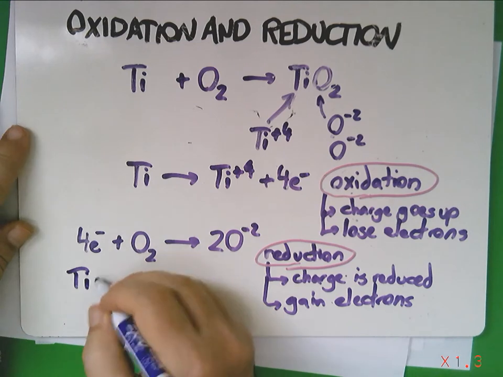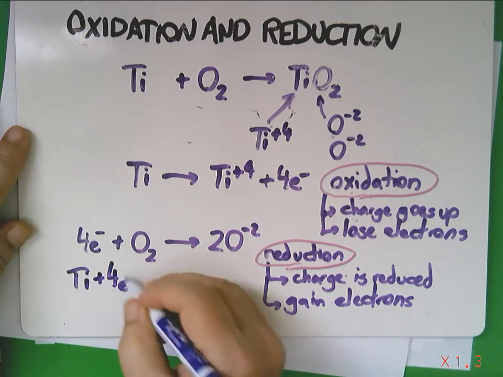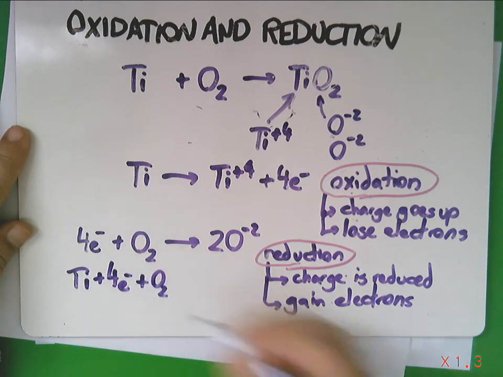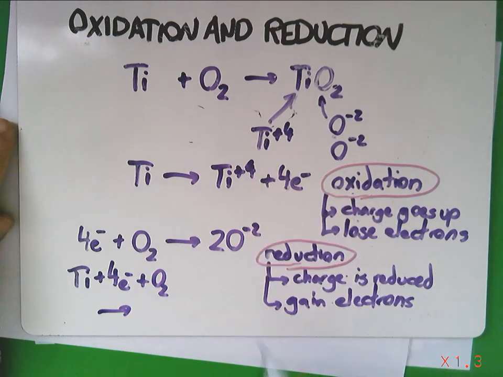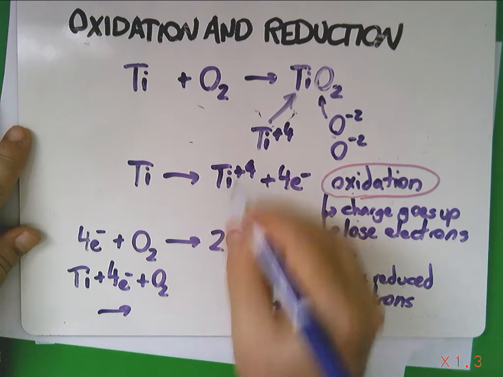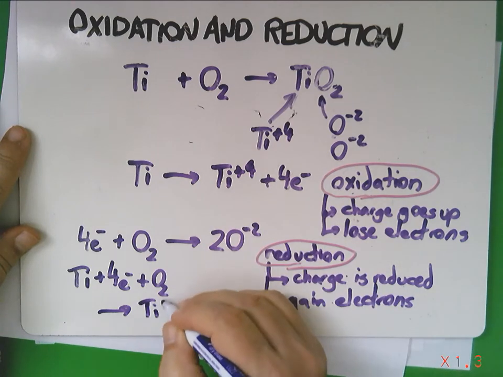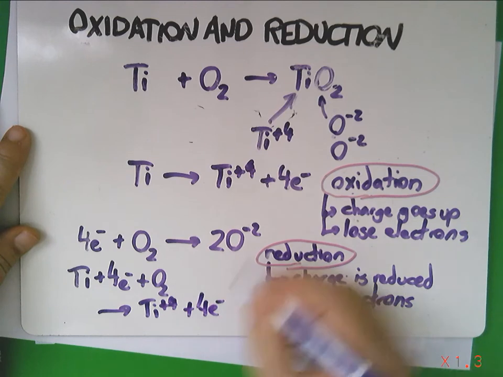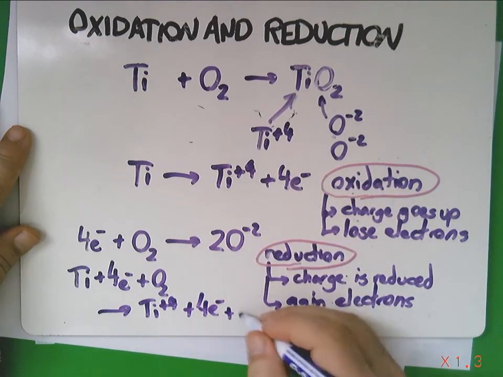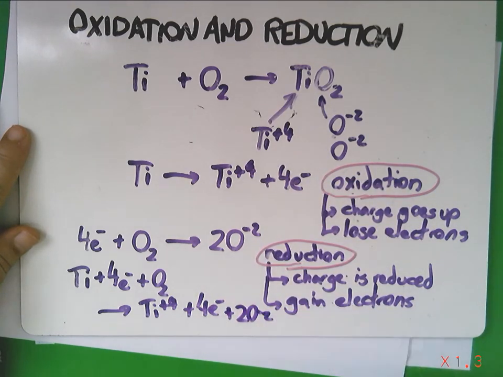On the left side, I have Ti, 4 e-, and O2, and now on the right side, when I add these two reactions together, I'm going to have titanium with a +4 charge, 4 electrons, plus 2 O-2.